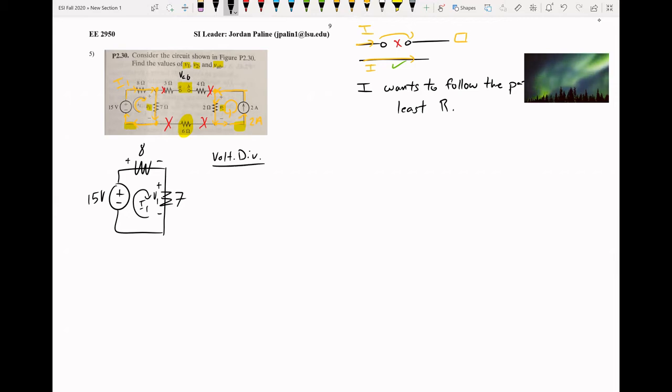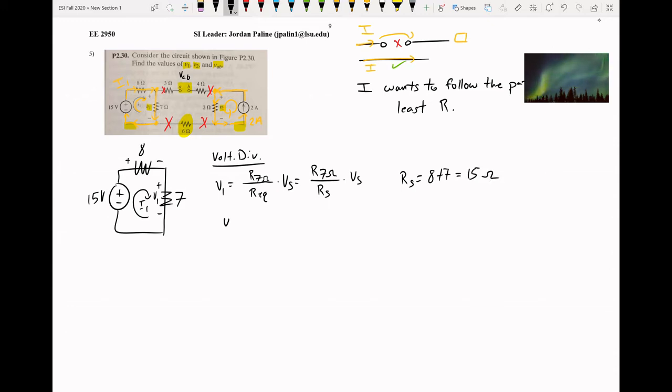V1 is equal to R7 over R equivalent, which here is R of S, times V of S. In this case, R of S is 8 plus 7, which gives us 15 ohms.